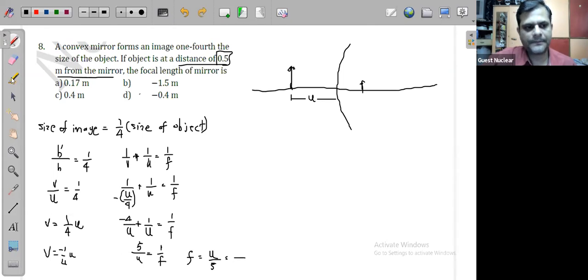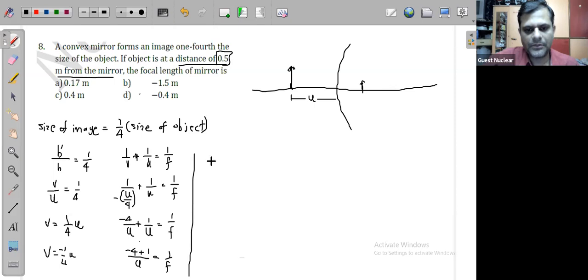Okay, so see here in the next step, it will be minus 4 plus 1. So here it is minus 4 plus 1 upon u is actually 1 upon f, which means it will be minus 3 upon u is going to be 1 upon f, so that f can be written to be minus of u by 3.